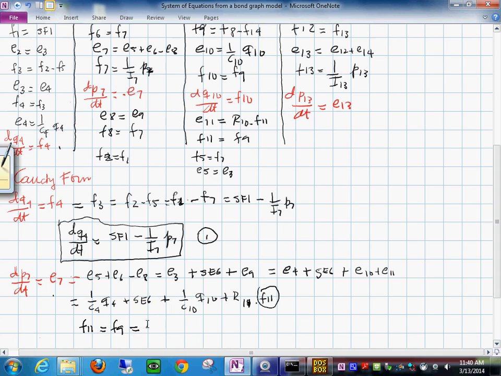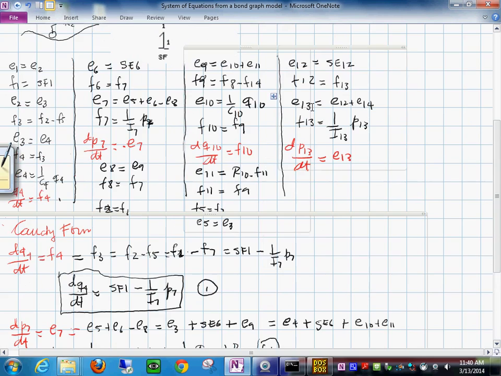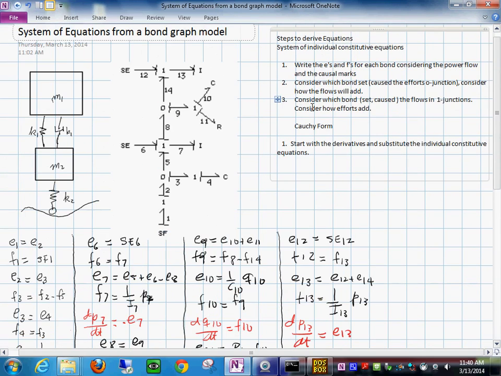What is f9? f9 is f sub 8 minus f14, right? And what is f sub 8 here? It is f7, and then f14, did we do f14 or did we stop at 13? Oh my goodness, no, we don't have 14.